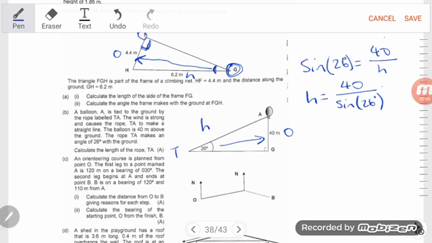Let's just stick that into our calculator. 40 divided by sine of 26 degrees, which should give us 91.2 meters. On dp.